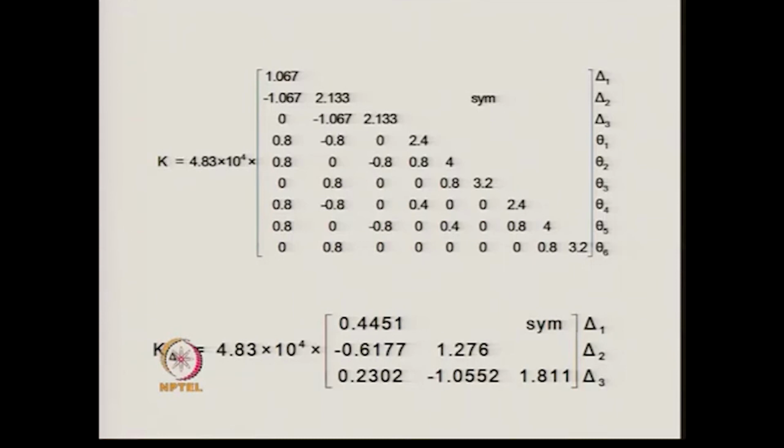Therefore, the problem becomes easier, but the only thing to be taken into account is that whenever a hinge forms at the beam cross section, the rotations are to be condensed out.